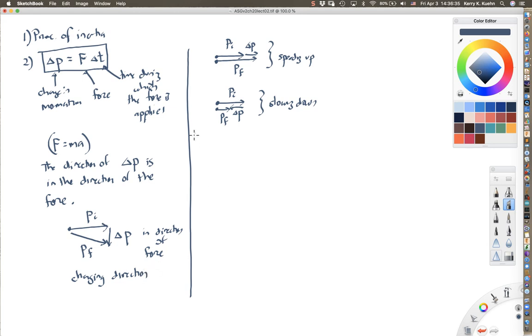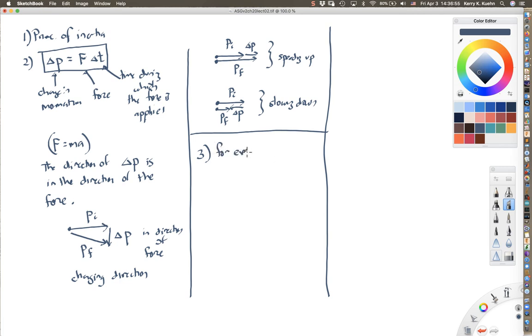Okay? So I'll leave that as my initial description of Newton's second law. Let me say something more this time about Newton's third law. Newton's third law is the simplest to say, but the hardest to understand. Okay, so I'll say it first.